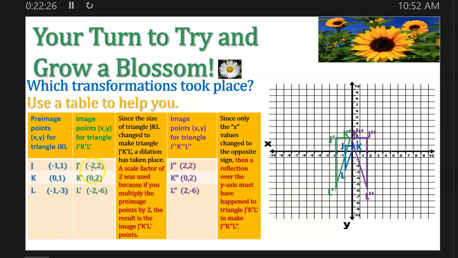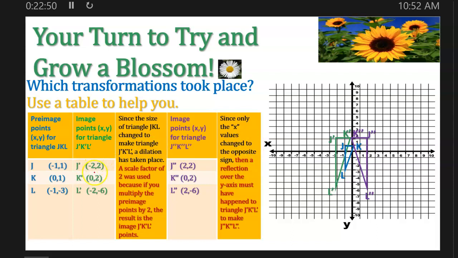And so what changed between the green and the purple? Well, it had to have been a reflection over the y-axis, because I know when you reflect over the y-axis, the orientation changes, and the x values change their sign.